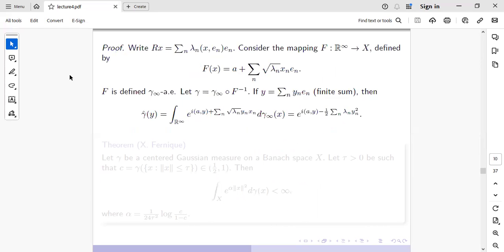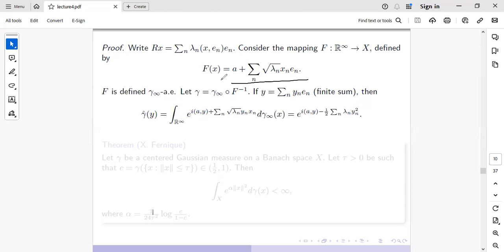To get such a measure, again, expand R into its eigenvectors and consider the mapping that sends every sequence of real numbers into the following element of space X. Of course, the series may not converge.